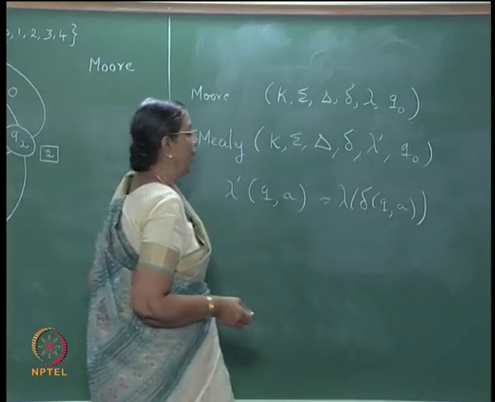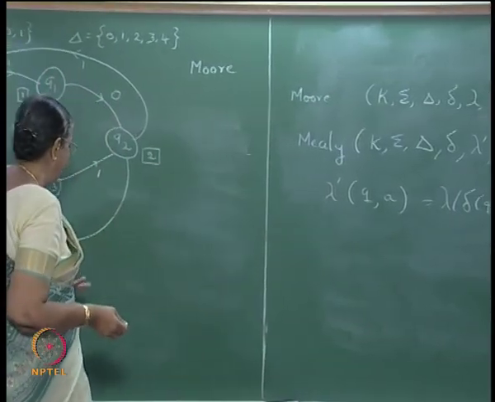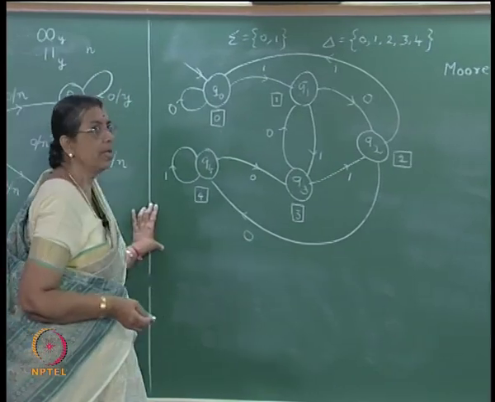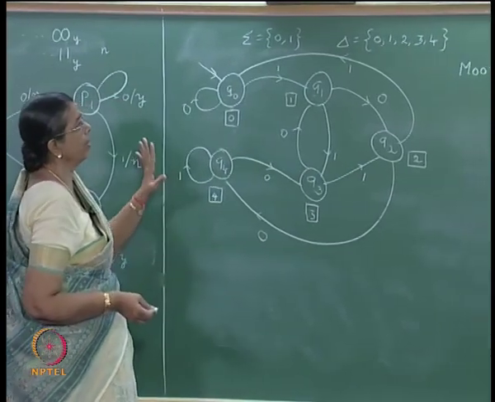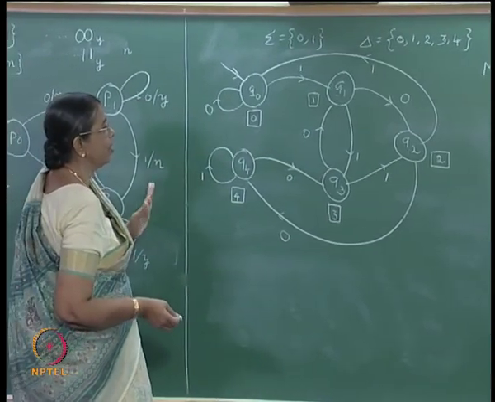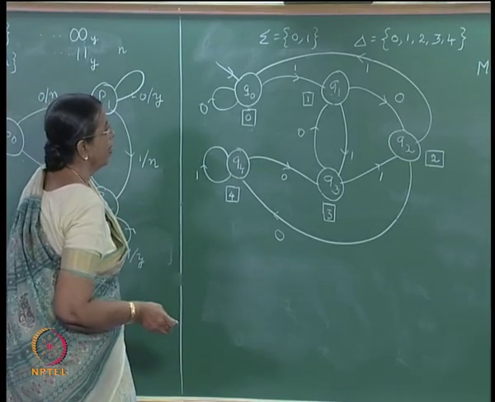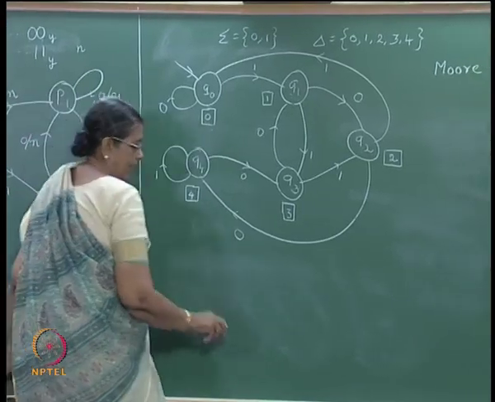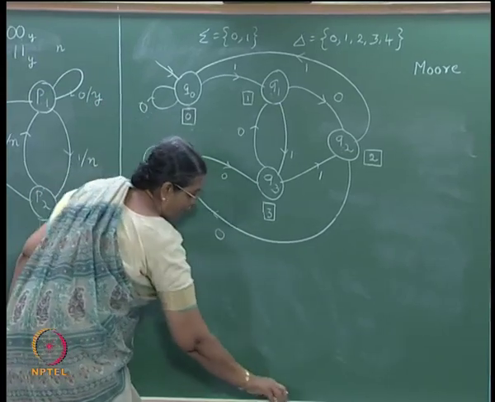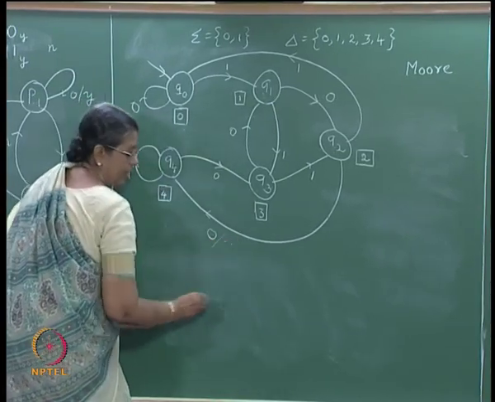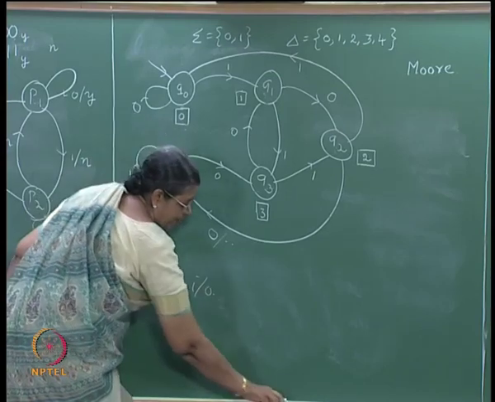If we define it like that, we can get the same machine. So, in this example, this is a Moore machine, let us change it into a Mealy machine. How do you change? The outputs will now be defined like this, input, output.